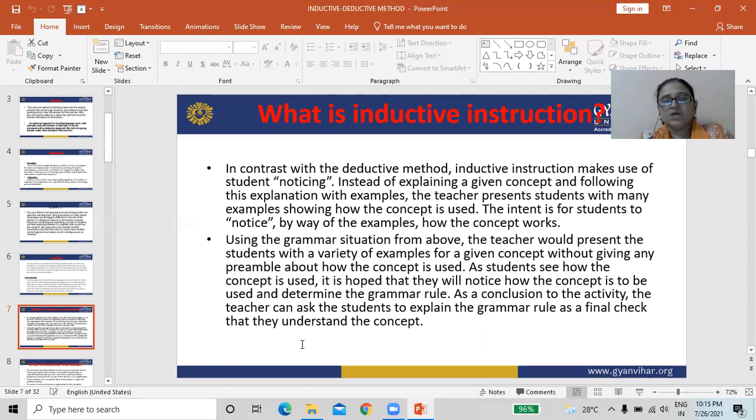As students see how the concept is used, it is hoped that they will notice how the concept is to be used and determine the grammar rules. As a conclusion to the activity, the teacher can ask the students to explain the grammar rule as a final check that they understand the concept.